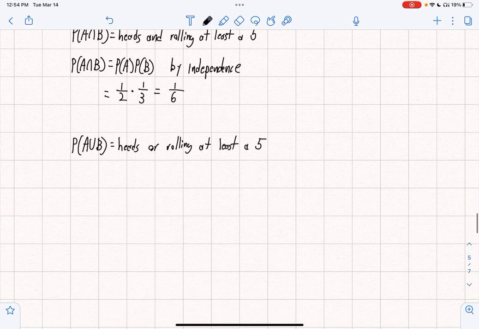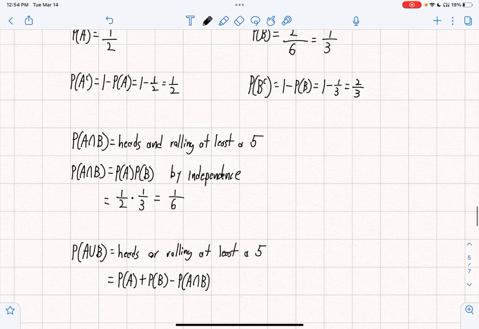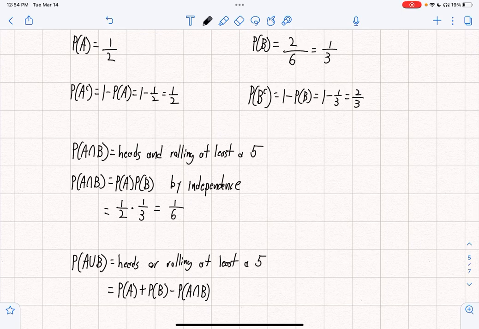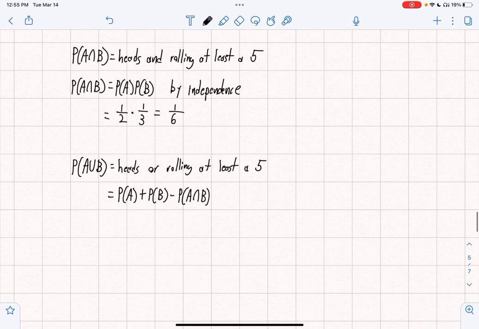Okay, and we know this to be the probability of A plus the probability of B minus the probability of A and B. This is one of our very important formulas. We call it the additive rule. So let's plug in. So we found the probability of A to be 1/2 and the probability of B to be 1/3.